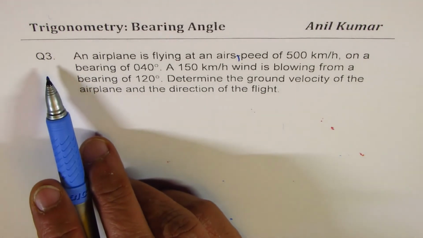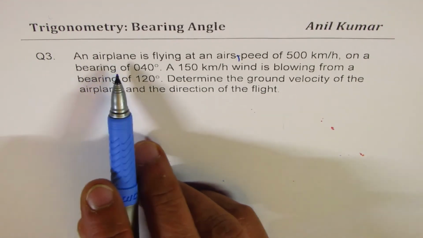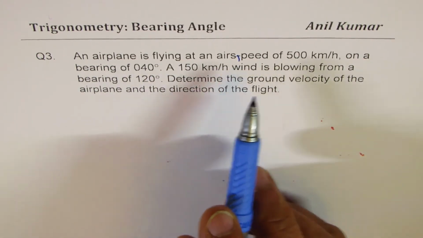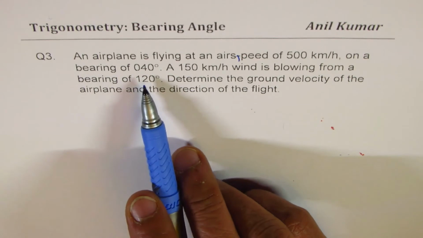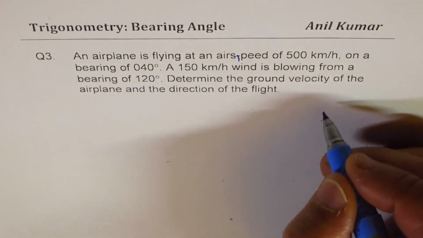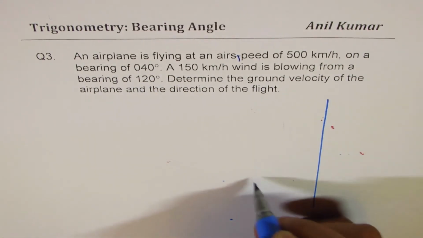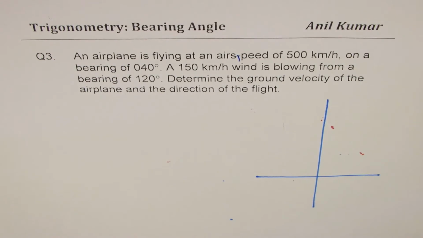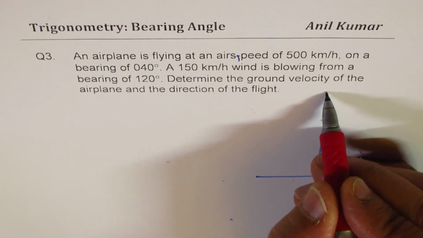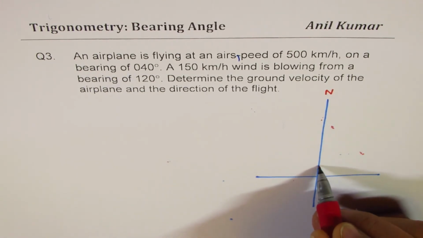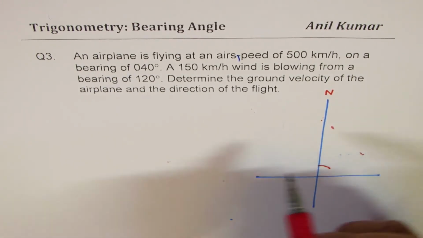Question number 3 again here is, an airplane is flying at a speed of 500 kilometers per hour on a bearing of 40 degrees. That means we have something like this. Bearing of 40 degrees means from north. So this is north for us. Let's say that is 40 degrees.